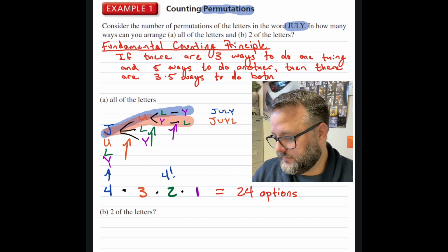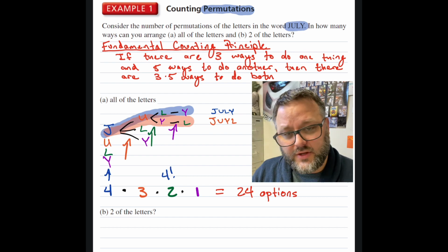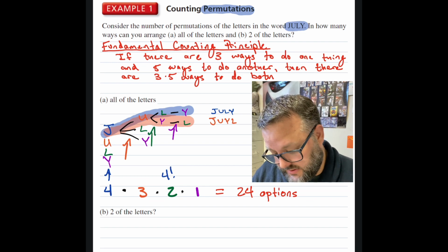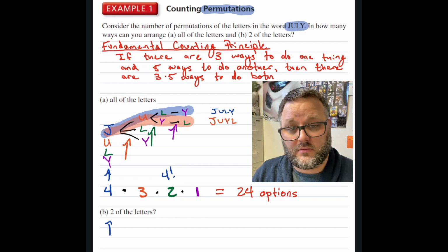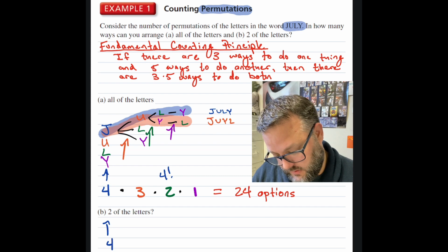But what if we only did 2? Well, we wouldn't look at the last 2 options. When we start this, we still have 4 options to start. With the word July, we have 4 options, J, U, L, or Y. And then we would still have 3 more options.